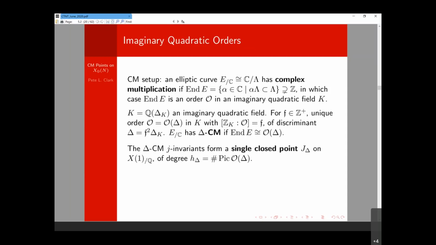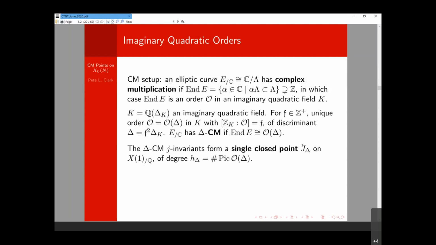So what's true is that if you fix the discriminant, or equivalently if you fix the endomorphism ring, you have finitely many j-invariants, more than one usually, but they form a single closed point, which I'm calling capital J_Delta on the modular curve.